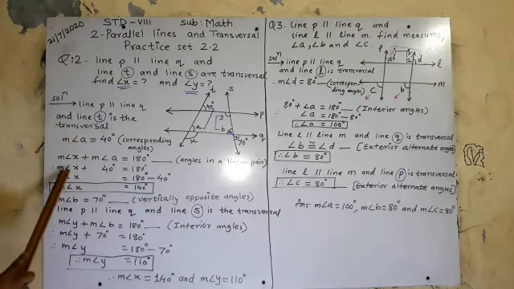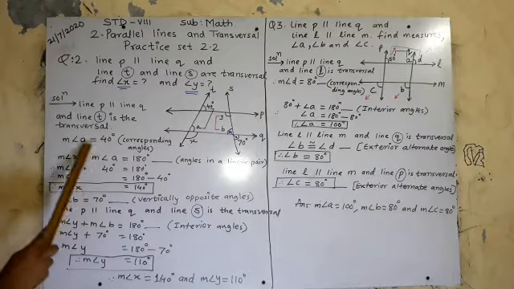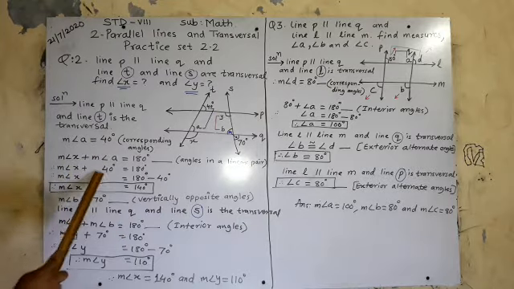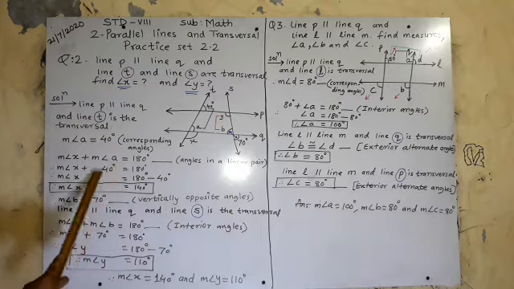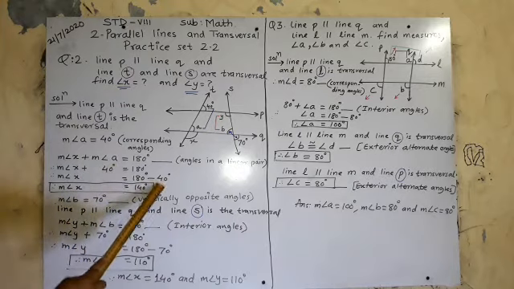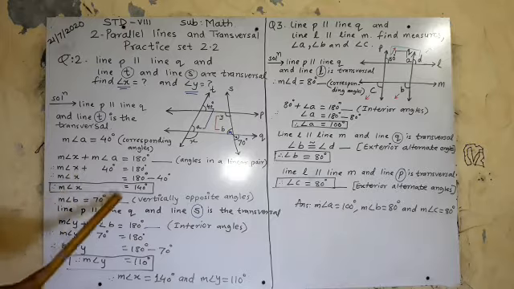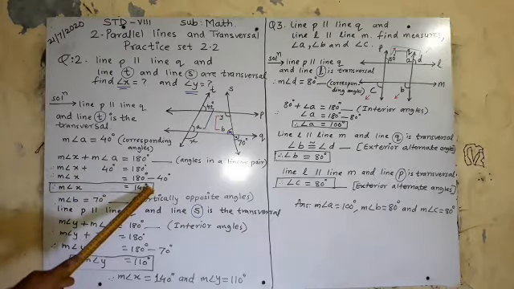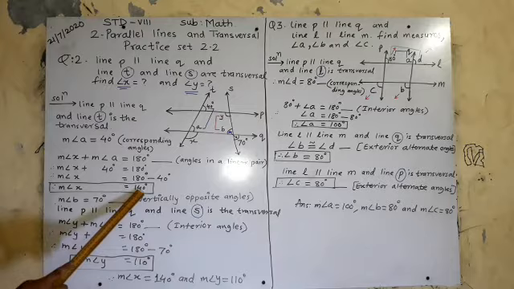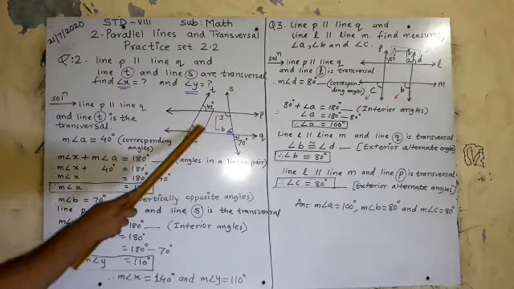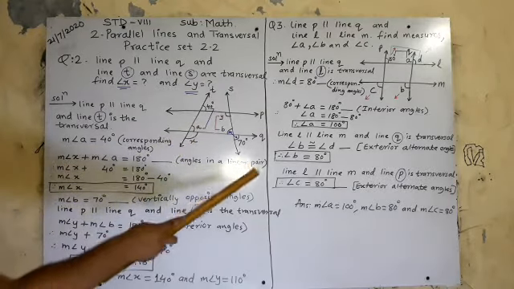Is it clear? So measure of angle x, measure of angle a we know is 40. So this 40 will go on the right hand side. So this plus 40 will be minus 40. 180 minus 40. So measure of angle x will be 140 degree. So you got measure of angle x is 140. Here the new property came, that is angles in a linear pair.